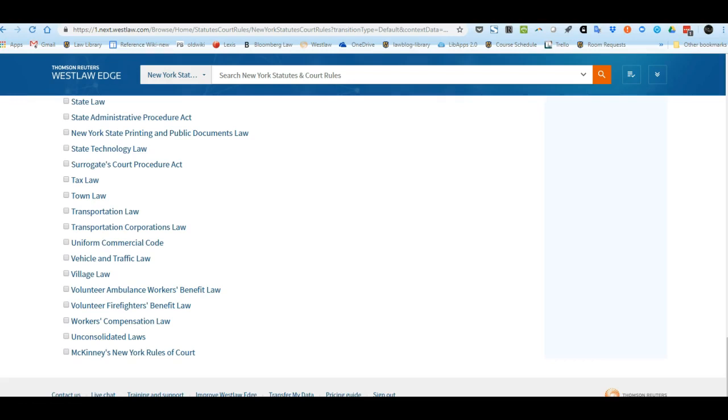And all of those boxes will also give you secondary sources to help you understand those rules. And again, for those of you planning on being litigators, you need to know these rules and understand them, both the more substantive procedural rules as well as the more operational, specific court rules.